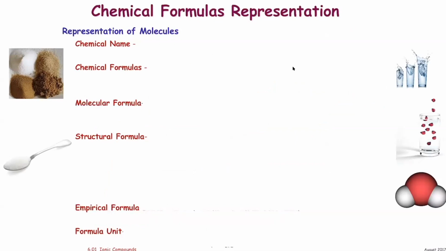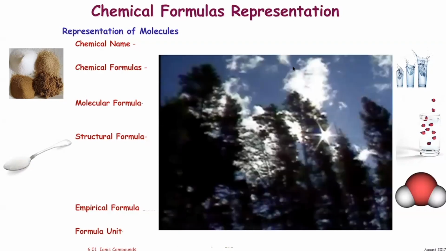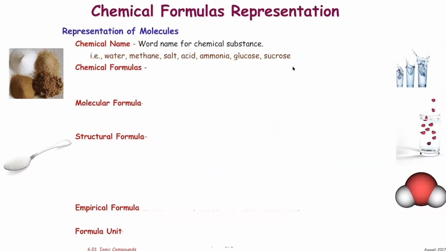So let's take a look at how we represent compounds. You guys can watch the movie, but I'm just going to go through this because this talk usually takes 2 lectures. The way we represent compounds is the name, like we know water as water, or methane or ammonia. Just giving the name tells the person who understands a little bit about chemistry what chemical you're speaking of.